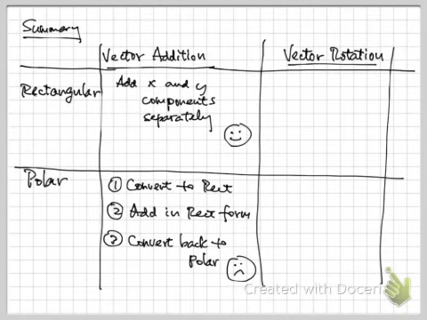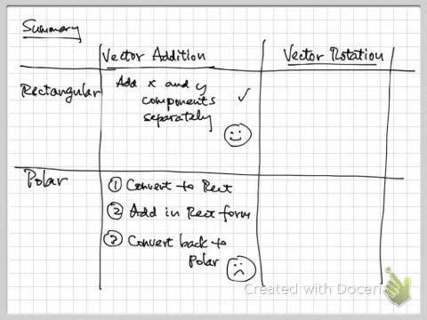Okay, so let's summarize. We have vector addition and vector rotation. So let's first talk about addition. Addition in rectangular form is relatively easy. You simply add the x and y components together separately. But in polar form, you have to do 3 steps.